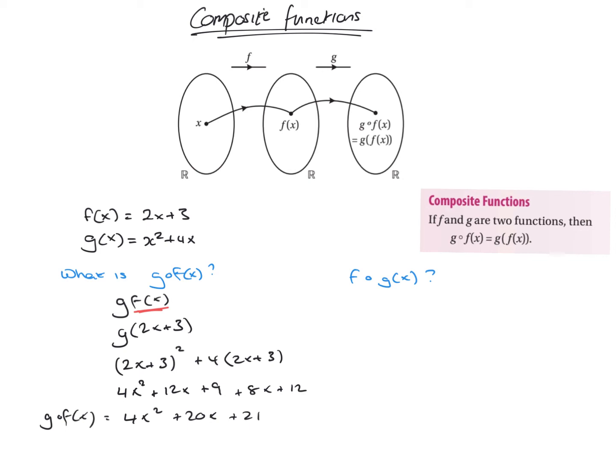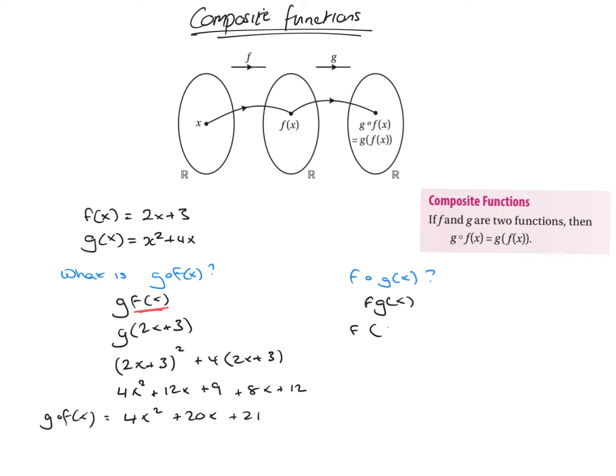Now I'm going to do it the other way around. So we've got f and this little symbol g of x. We're going to put it into the notation that we like, which is f of g of x. Now that means that we've got g of x first. So we're going to stick whatever the g of x function is through the f function. The g of x is just x squared plus 4x.